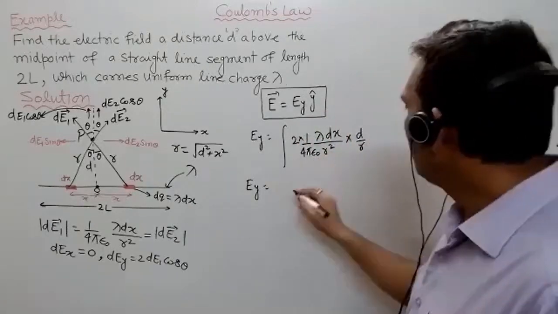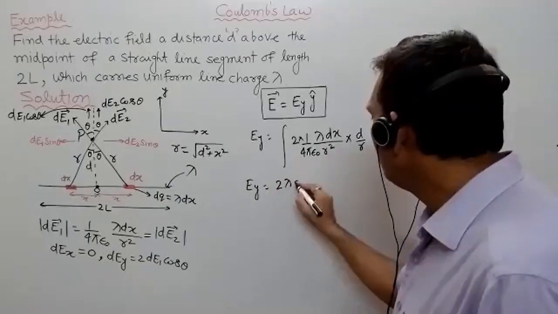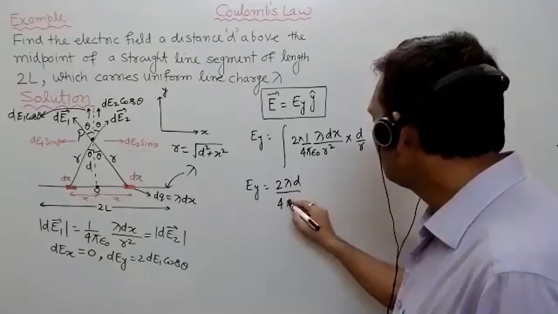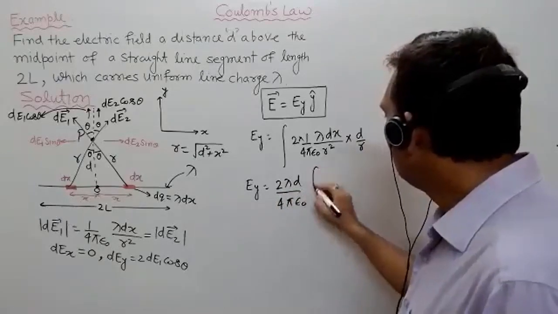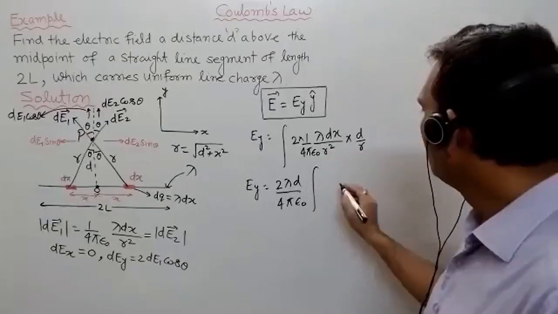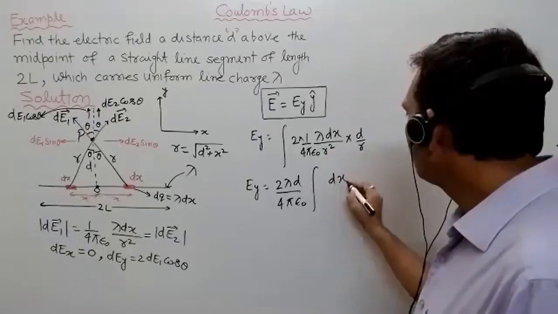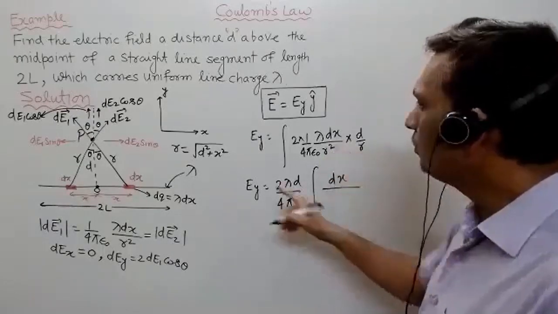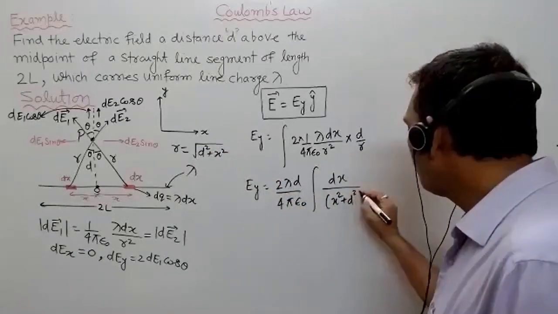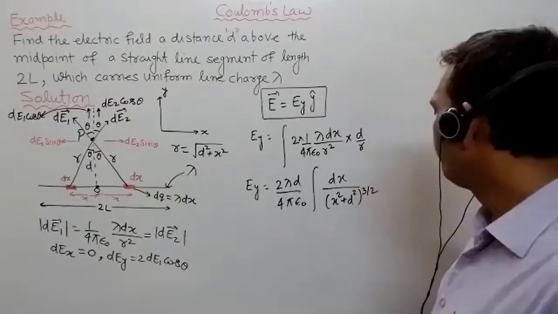So take twice lambda d, that is a common value, by 4 pi epsilon naught, and the integral will give you dx by r cube, so this is x square plus d square power 3 by 2.